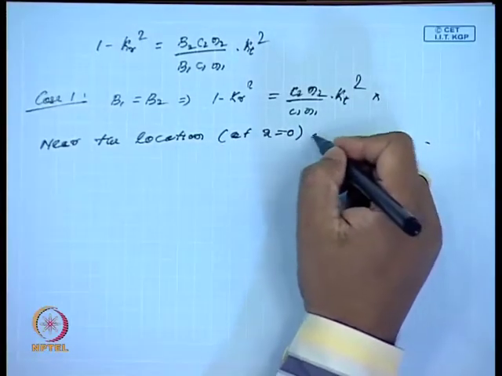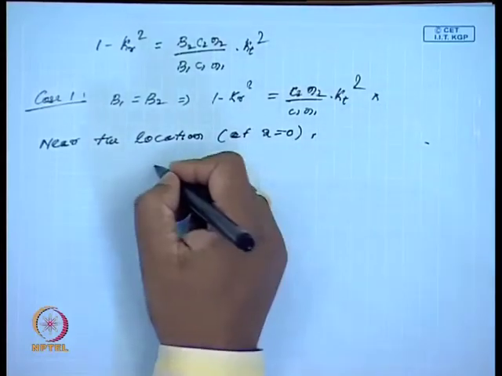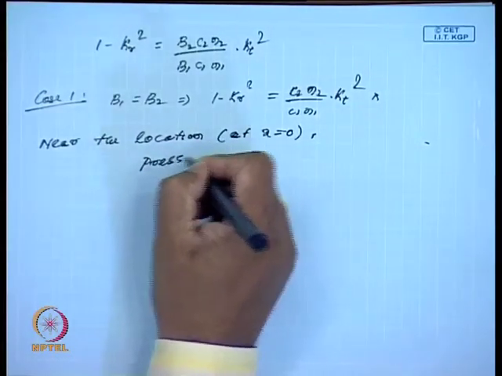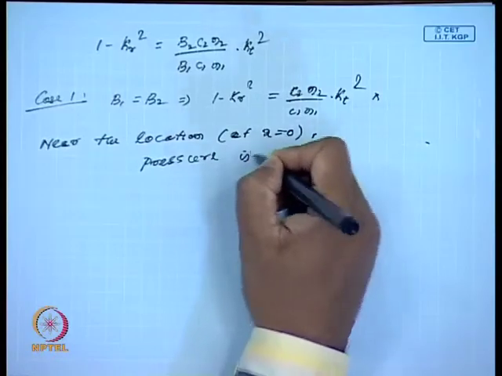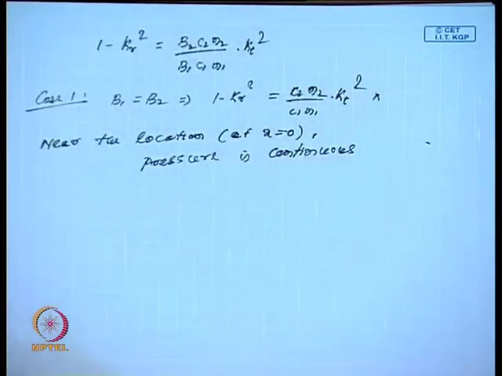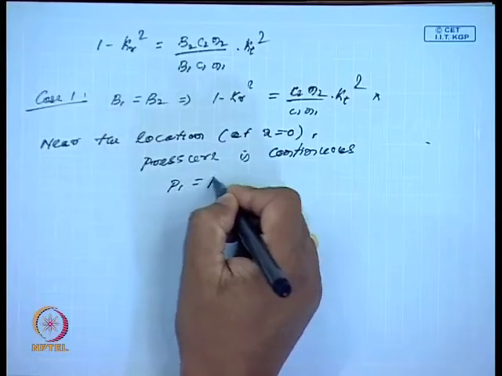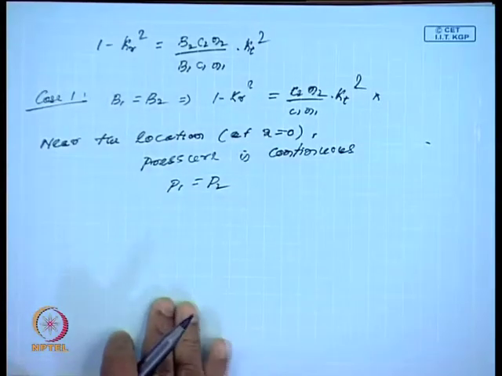Near the fluid, the pressure is continuous in the flow, and because at x equal to 0 the pressure is continuous, that will give me P_1 is P_2, because the dynamic pressure will be continuous.